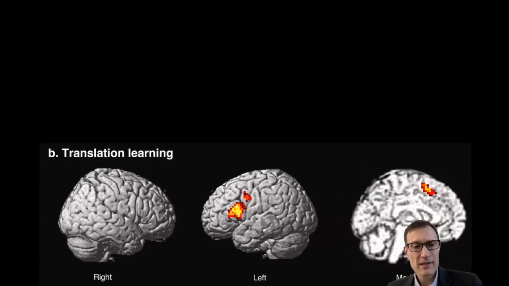One of the activities they looked at was this kind of flashcard activity, where people looked at a word they were supposed to learn in Korean, with the Japanese word on the other side, and they tried to learn this list of words. As you can see, there are some areas of activity in the brain, but there are a lot of areas that are not very active.